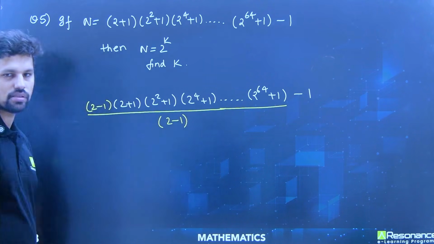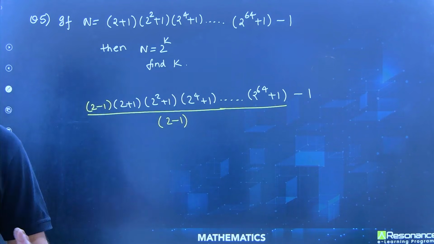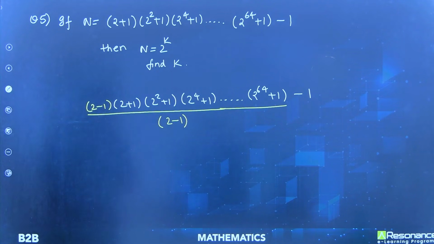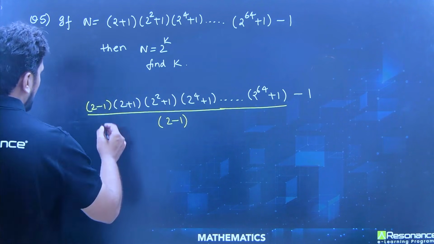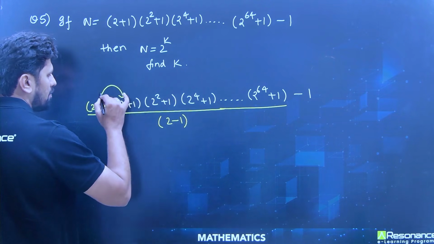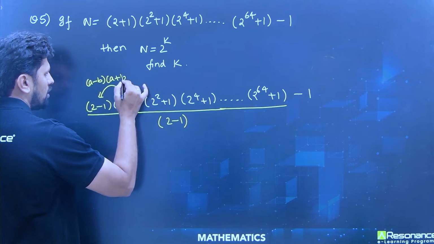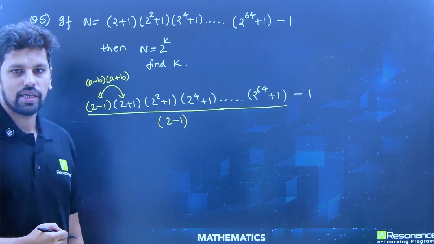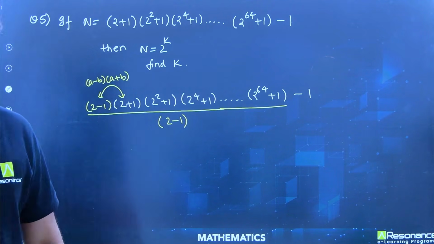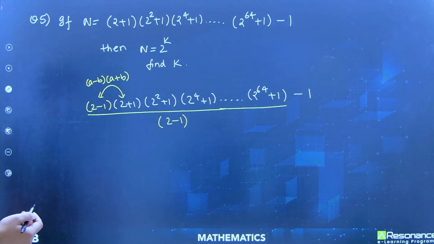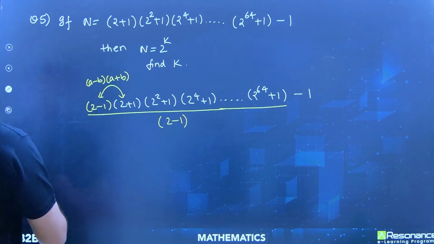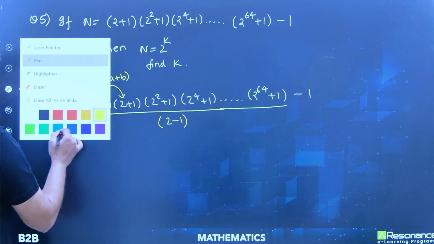Can we multiply it by some number and divide it by some number? Why we have done this is to form the pattern of A minus B into A plus B, which is A square minus B square.